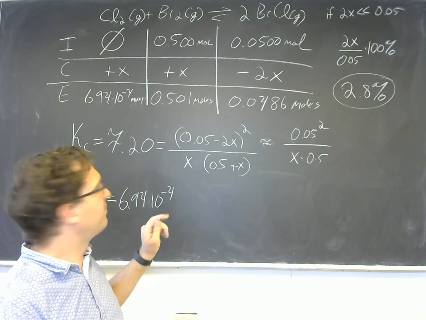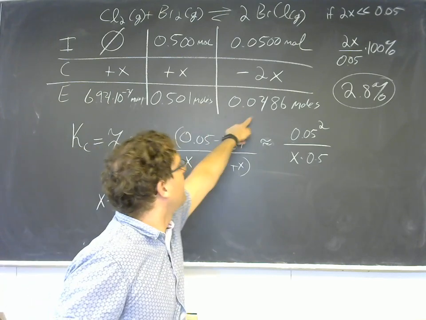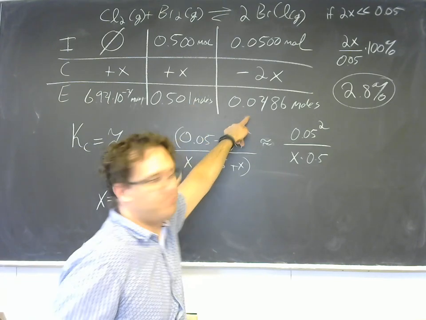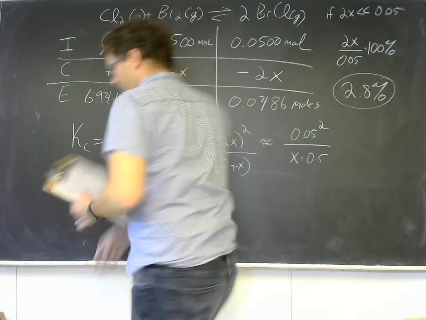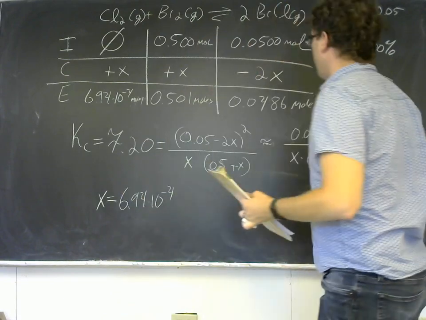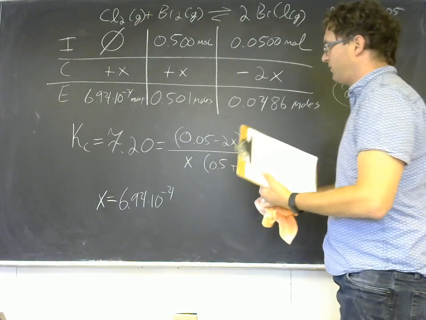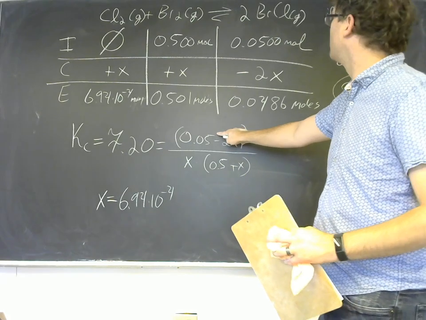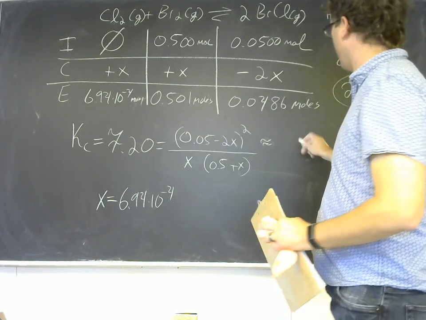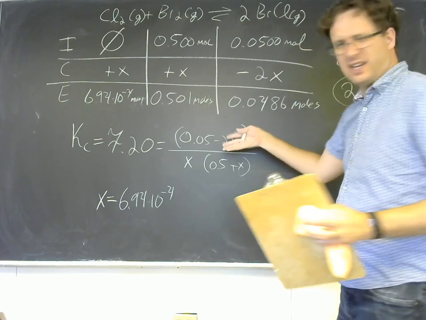So these concentrations that we calculated based on this value of x, let's go ahead and put them back into this formula. So remember, this was the concentration of BrCl, and we were going to square it. And we had just left it as 0.05.